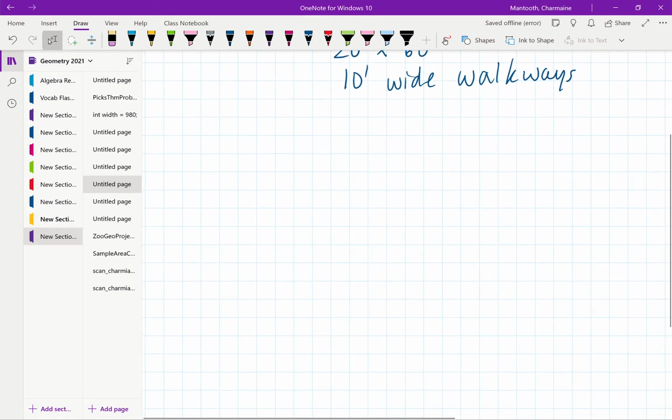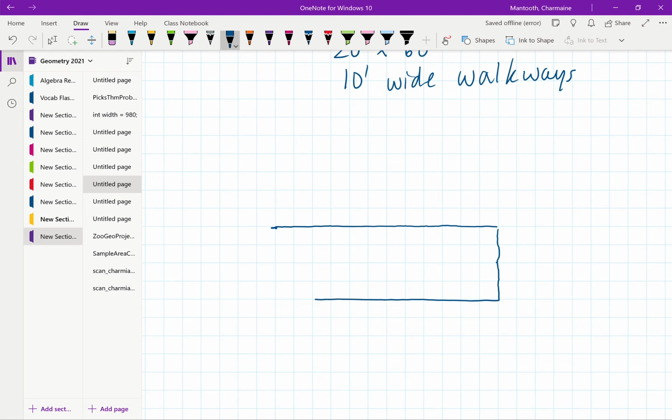So let's say I have a 5-foot scale. If the zookeeper's enclosure is 20 feet by 60 feet, that's 5, 10, 15, 20, 25, 30, 35, 40, 45, 50, 55, 60. That's 60 feet by 5, 10, 15, 20 feet. So this would be a 20-foot by 60-foot zookeeper's enclosure.